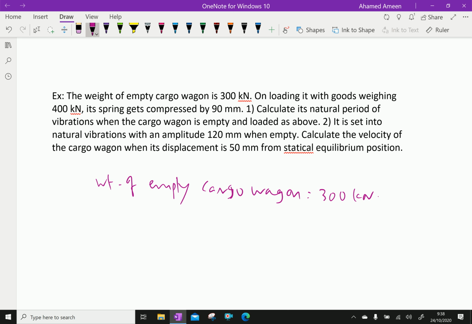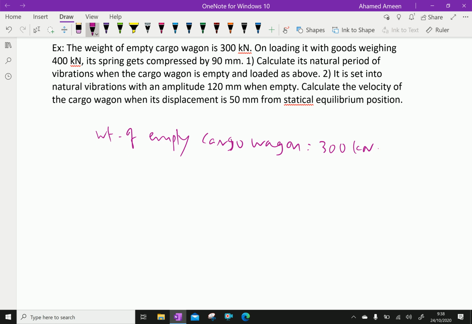When loaded, the W equal 400 kilonewton. Now, first we'll calculate the period of vibration when the wagon is empty.